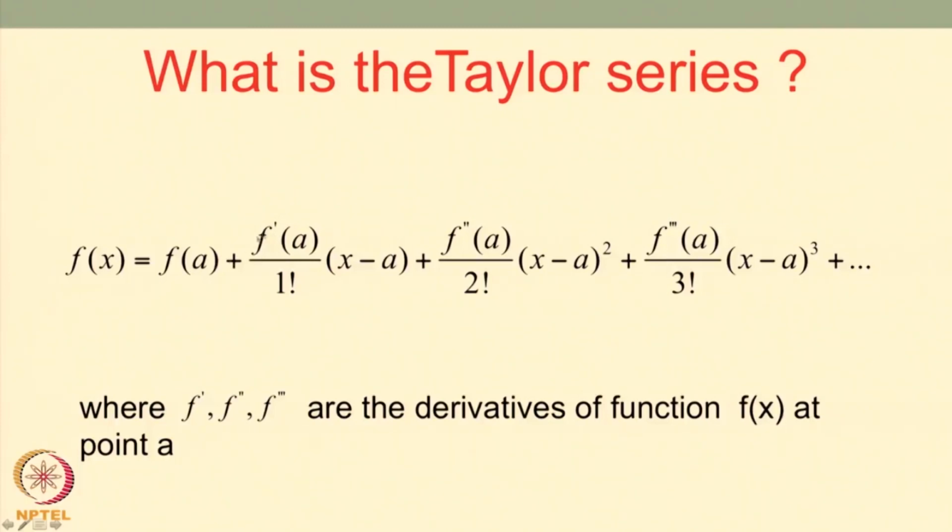To that I add f prime a divided by 1 factorial times x minus a, that is the first derivative times the difference, plus the second derivative f double prime a, evaluated at a, divided by 2 factorial times x minus a square, the third derivative divided by 3 factorial times x minus a cube, and so on and so forth, where f prime, f double prime, f triple prime are the derivatives of the function f of x at point a. So if I know all derivatives at a, I can use this and obtain this.